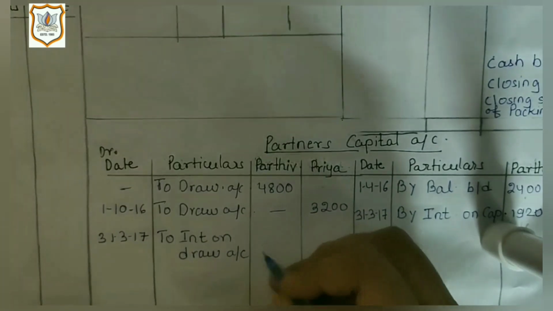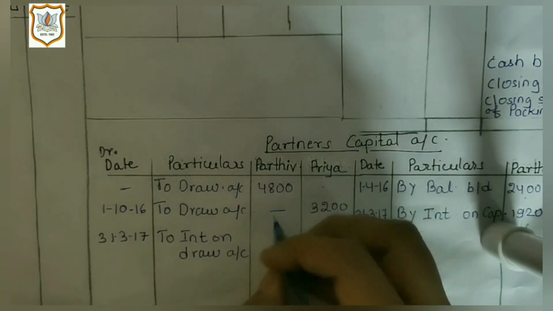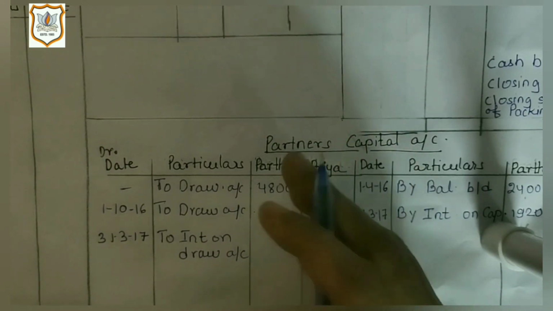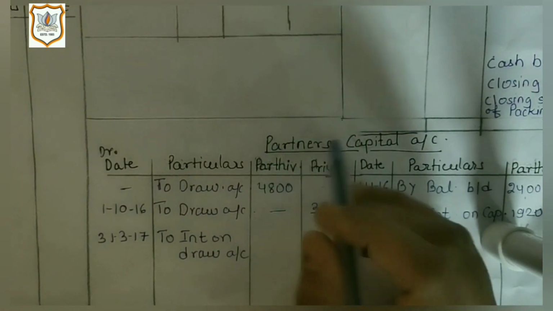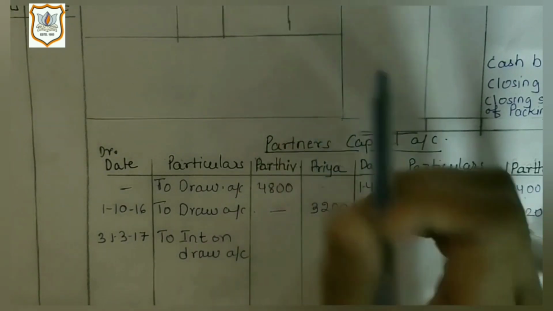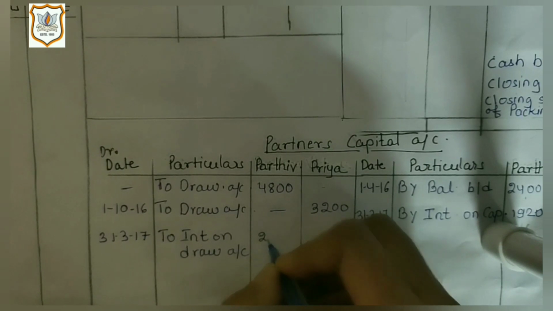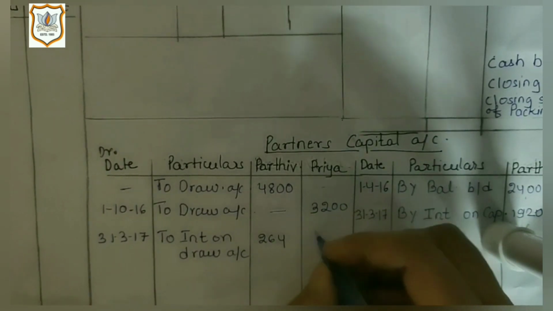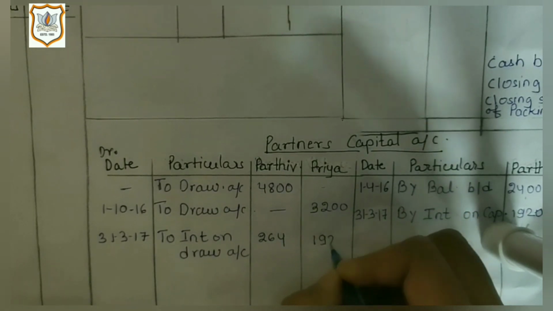Now second effect of it we will give on debit side of partner's capital account. Since it is an expense for partner, it is a kind of payment which partner is making to the firm. 264 in Parthiv's column and 192 in Priya's column.